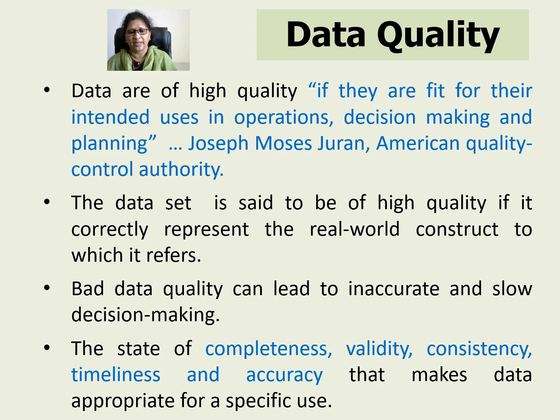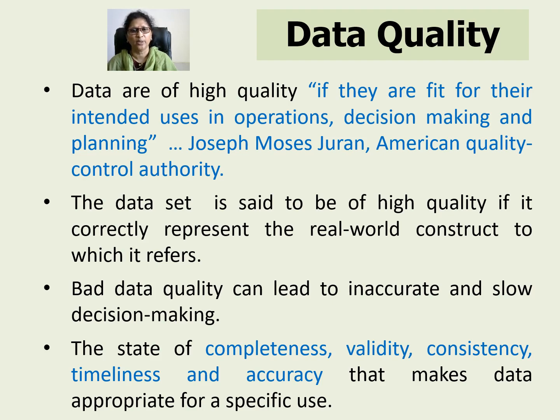We are going to define quality data in terms of 5 measures: completeness, validity, consistency, timeliness and accuracy. We shall be learning about these terms. What do you mean by completeness, validity, consistency, timeliness and accuracy? And most important, bad quality data may lead to inaccurate and slow decision making.